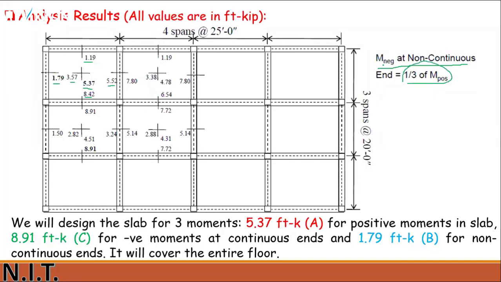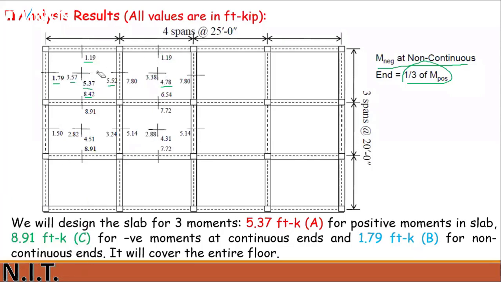This M negative, which is at the non-continuous end, is 1 by 3 of M positive, the third part. If I divide 4.78 divided by 3, it is approximately equal to 1.19. So you have so many values over here.